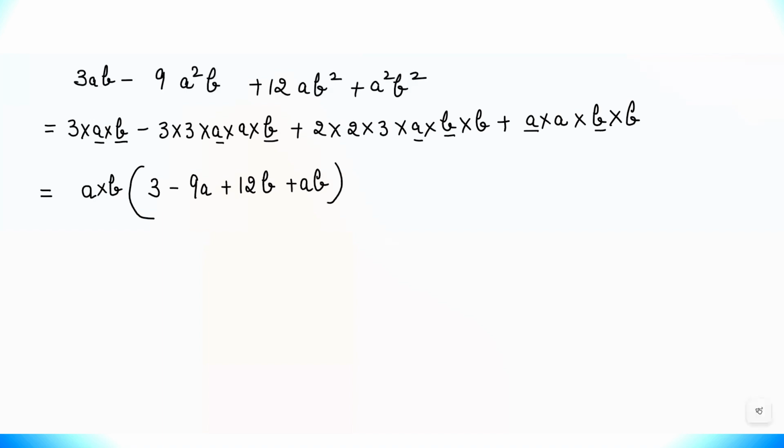So the factors of this algebraic expression are AB into B minus 9A plus 12B plus AB. So that is the answer for this particular question.